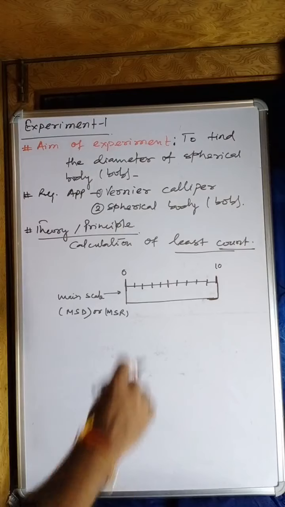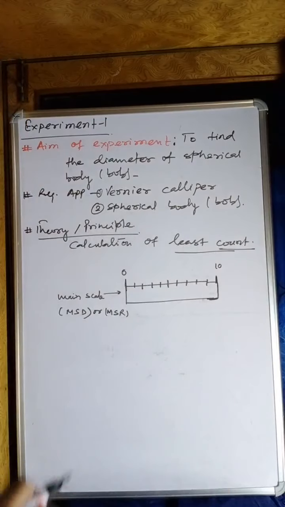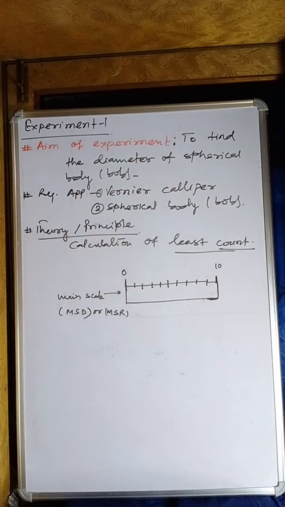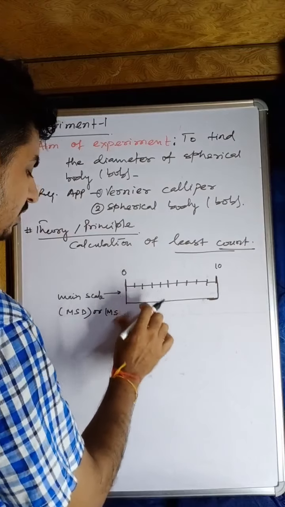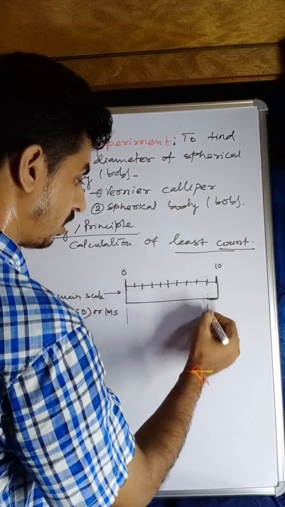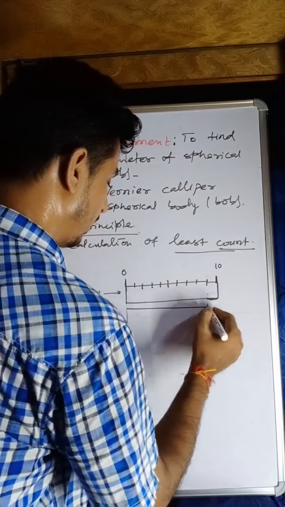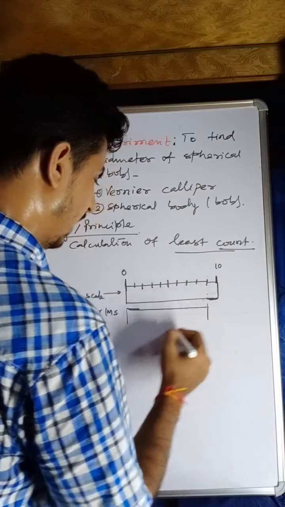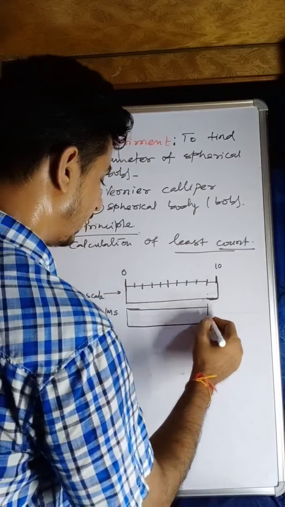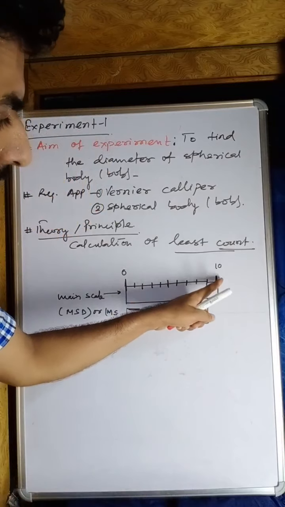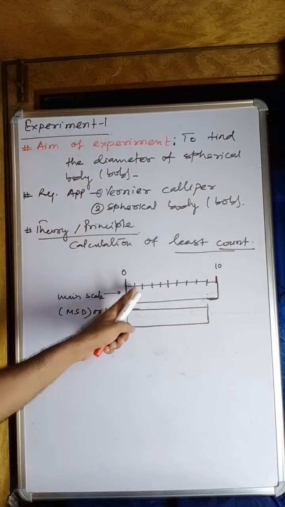Over this scale, another scale runs in this apparatus, which is called the vernier caliper. Here the other scale you will get is called the vernier scale. Remember, my dear students, while I am drawing this vernier scale, I tried to get a parallel line from the 9th division. It is division number 10, 0 we left, 1, 2, 3, 4.